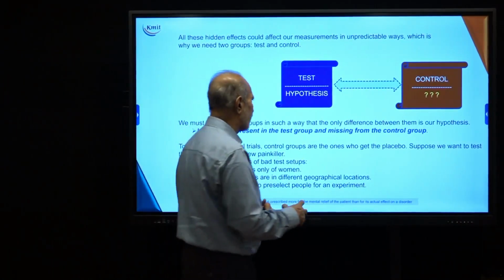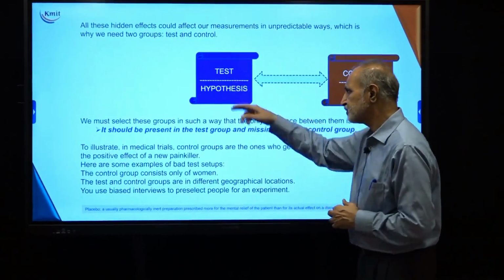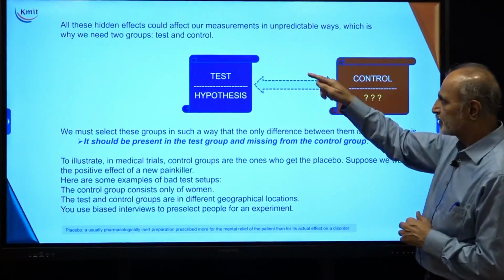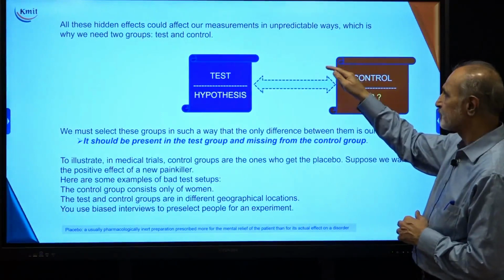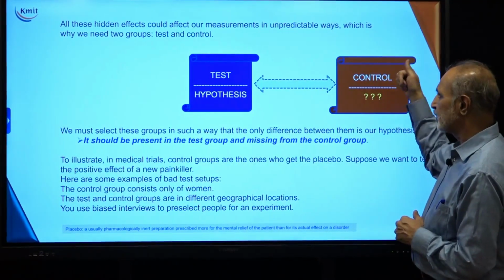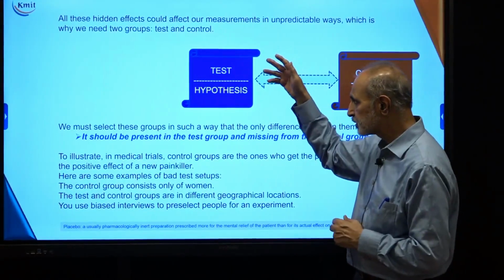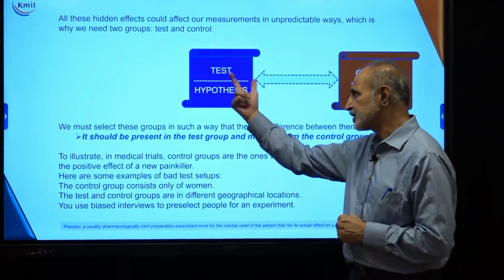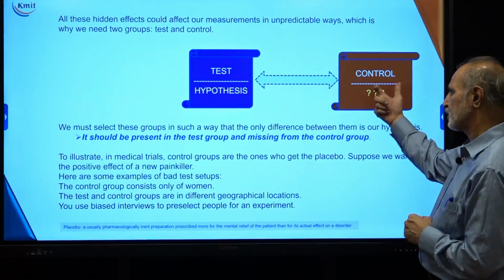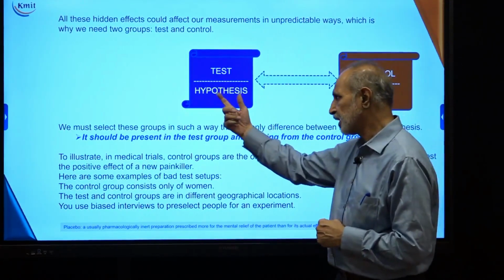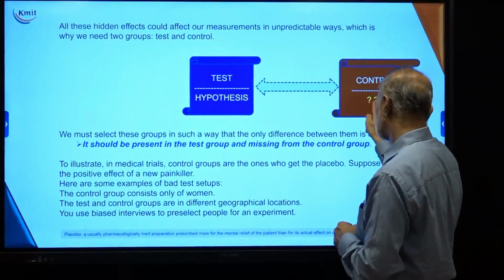I put the data into two forms, one is the test, another is the control. So all these hidden effects could affect our measurement in an unpredictable way, which is what we want to control. We want to put things into two forms, one is a test form, another is a control form.